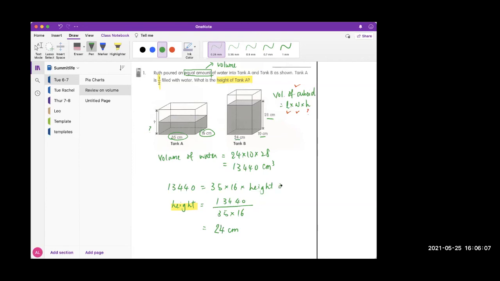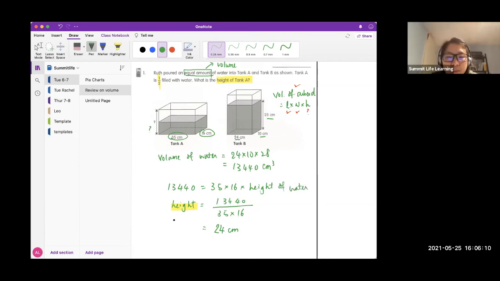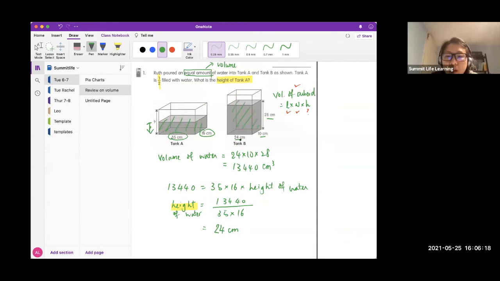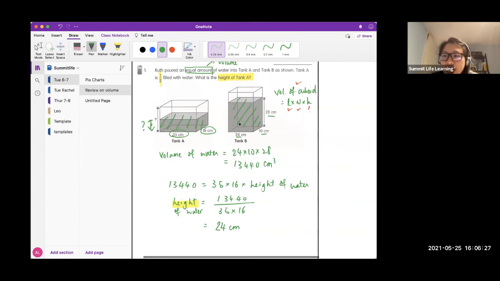The water. Of water, right? So be careful, I'm not done yet. This is the height of the water, because this amount is the same as this amount. When I equate the volumes, I can just find out the height of the water. However, we know that the tank is half filled. Now, the height here is 24 cm.